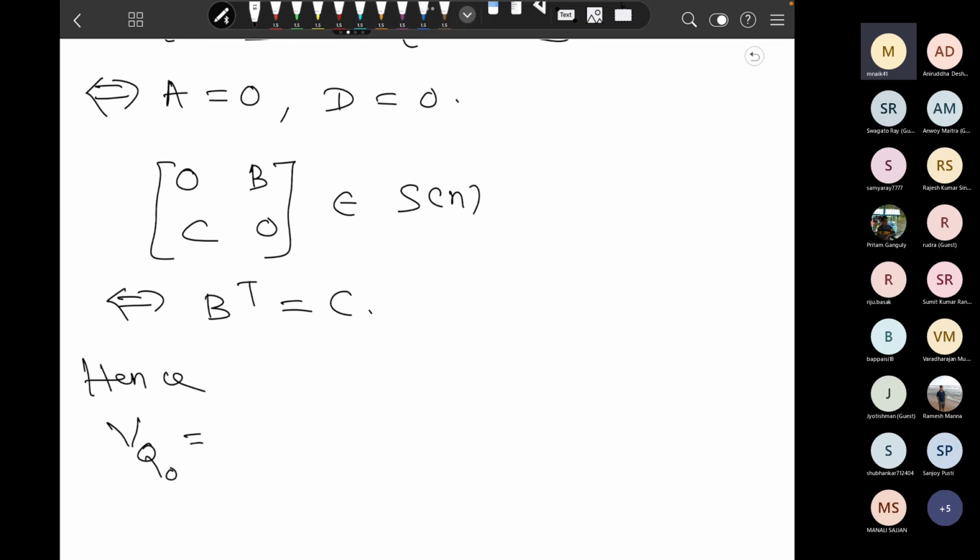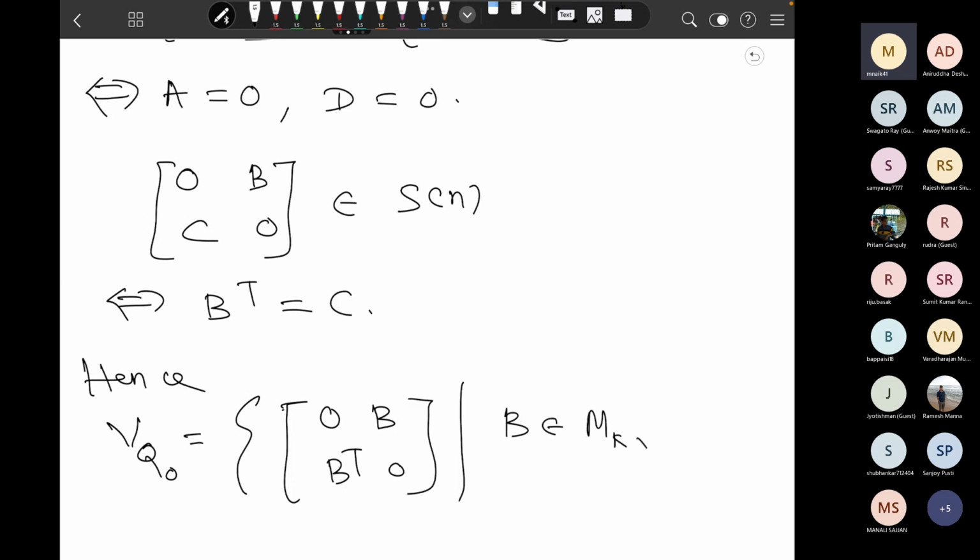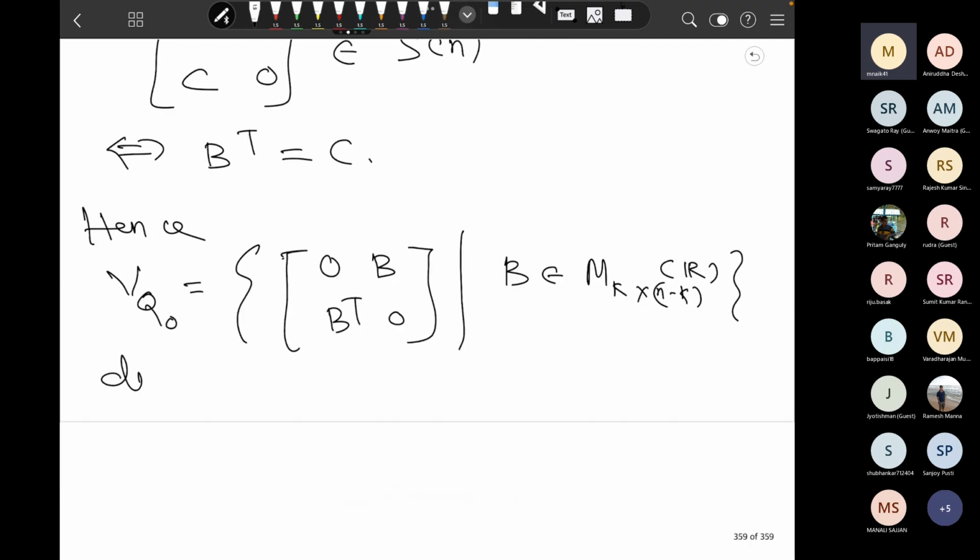Hence we get B Q naught. You will get this is really 0 B 0 B transpose 0, so that B belongs to M_k cross (n minus k). So that means dimension of BQ naught is really k into n minus k.